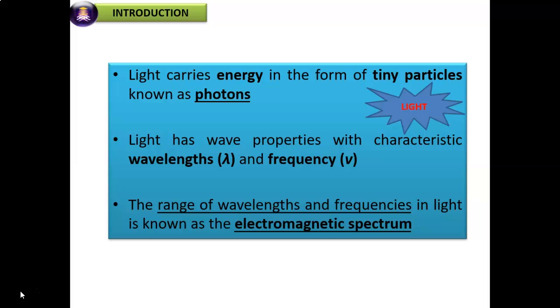All electromagnetic radiation travels in a vacuum at a constant velocity, which is the speed of light. This light carries energy in the form of tiny particles known as photons. Light has wave properties with characteristic wavelength and frequency, and the range of wavelength and frequency in light is known as the electromagnetic spectrum.